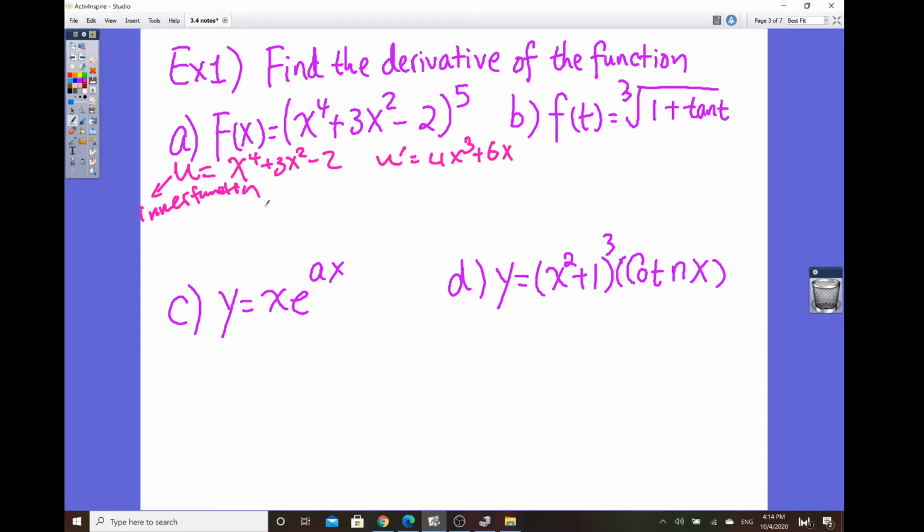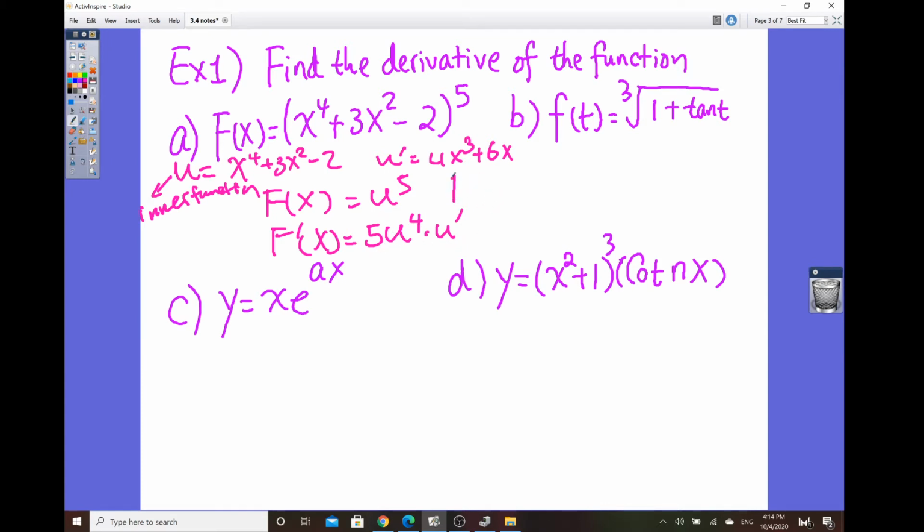Now from here, just rewrite it so f of x equals u to the power of 5. Using the alternate formula for the chain rule, f prime of x equals 5 u to the power of 4 times u prime. Once we have u prime, we rewrite it, unsubstituting everything.